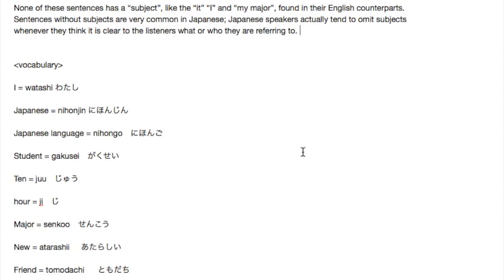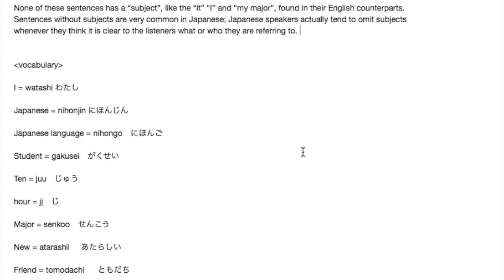But we'll learn numbers later. Hour, 時. Major, 専攻. New, 新しい. Friend, 友達.